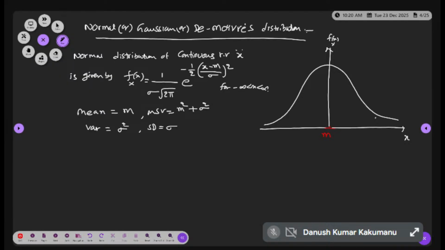If you put x equals m here, m minus m is 0. e power 0 is 1. So the value is 1 by sigma root 2 pi. What is the highest value here? 1 by sigma root 2 pi is the answer. Maximum value is 1 by sigma root 2 pi.